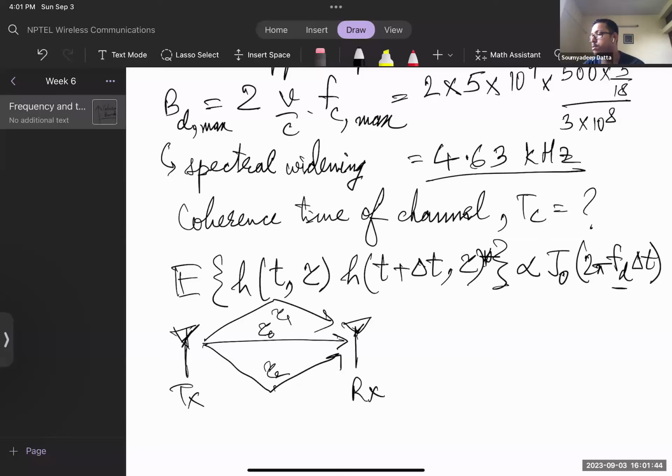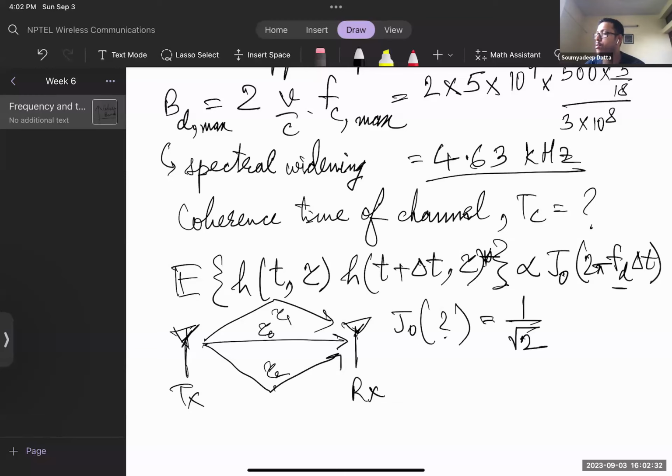So this is a function of the Doppler frequency, FD. What we try to see is when this Bessel zero function J0 of what value is equal to 1 by root 2. This is an important parameter: if the channel correlation drops to 1 by root 2, that means the channel has changed significantly.